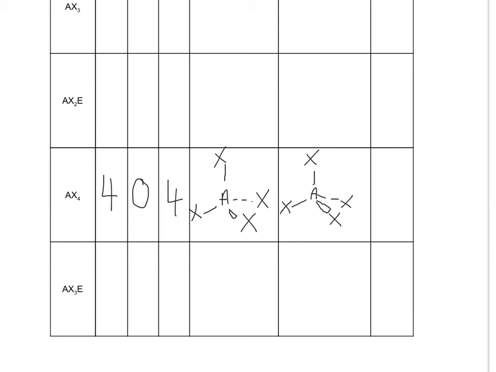So the angles here are 109.5 degrees, and this is considered to be tetrahedral because we make a 4-sided figure. And an example of this is methane.